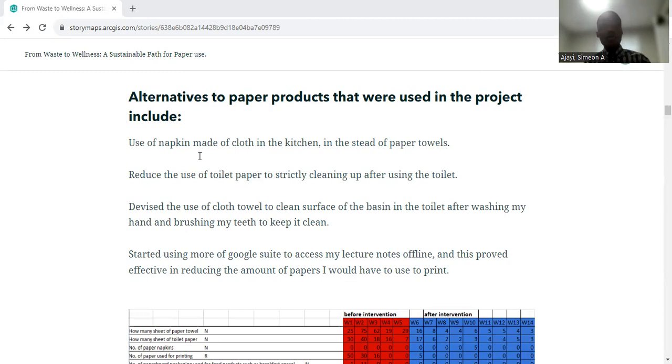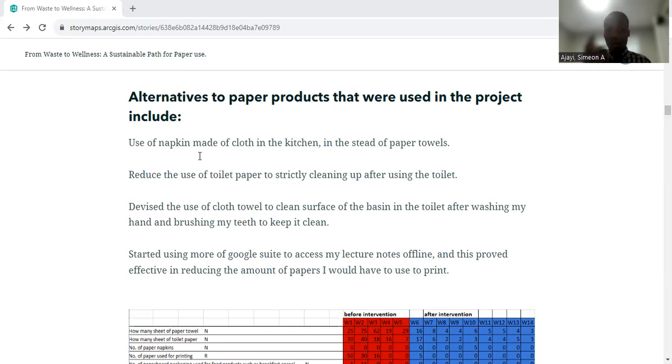Also, I reduced the use of toilet paper to strictly cleaning up after using the toilet.